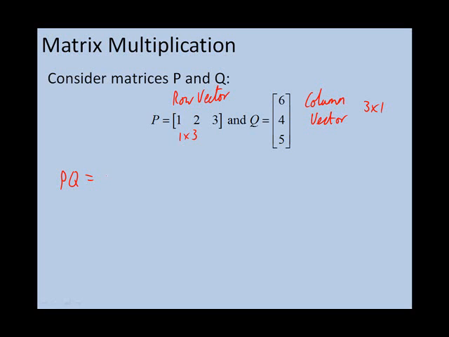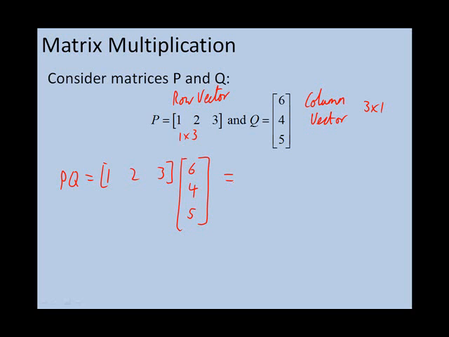Let's just line these up. We've got 1, 2, 3 in matrix P, and in matrix Q we have 6, 4, 5. How do we do matrix multiplication? We're going to multiply the corresponding elements of P and Q and then sum them up.